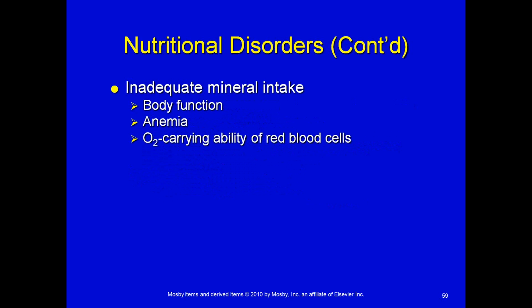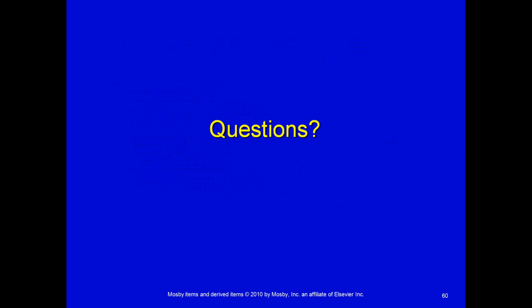So if we don't get the iron, we don't make the hemoglobin, and as a result, we become anemic because of our inability to carry oxygen on our red cells. And anemia certainly can lead to an increased risk of stroke and increased risk of heart attack as a result of inadequate tissue oxygenation.